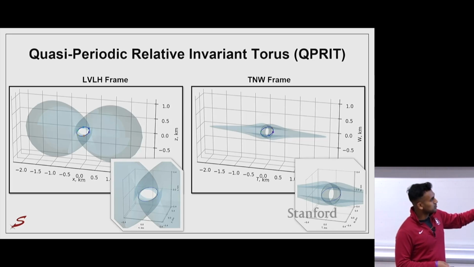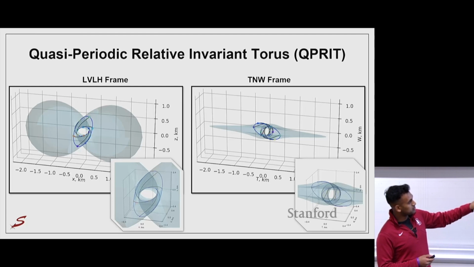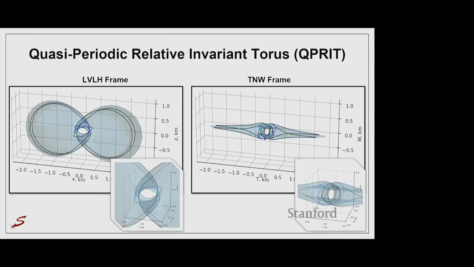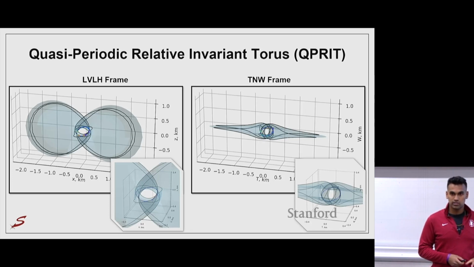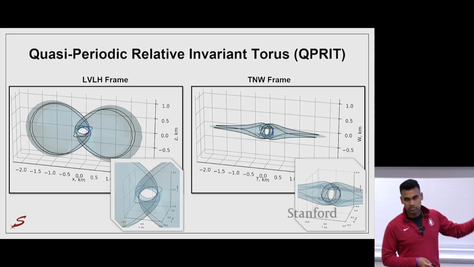In these videos, which Yuji beautifully put together, we can see how a formation of spacecraft, a swarm of spacecraft at different initial starting points, evolve over time, over an orbit, in different local frames. You can see they're making quasi-periodic motion. They don't return to exactly the same point, and they're fluctuating around, but they are maintaining separation relative to the origin, relative to the chief.